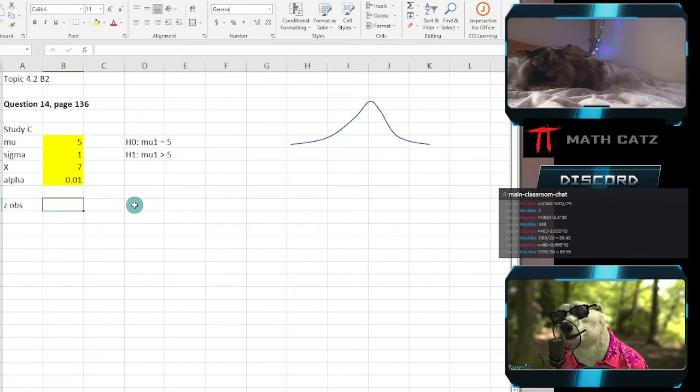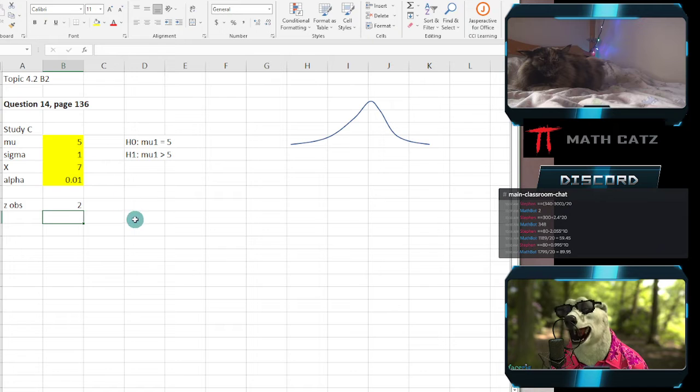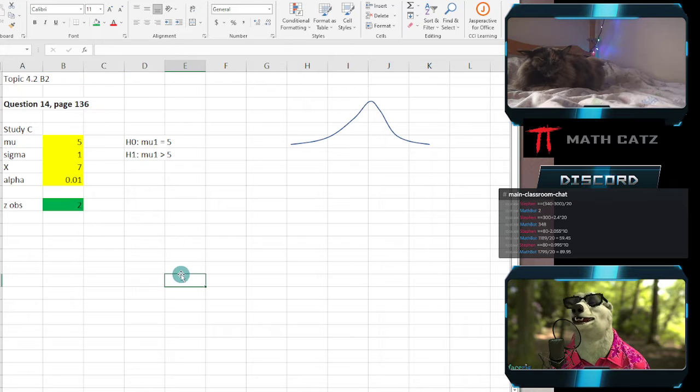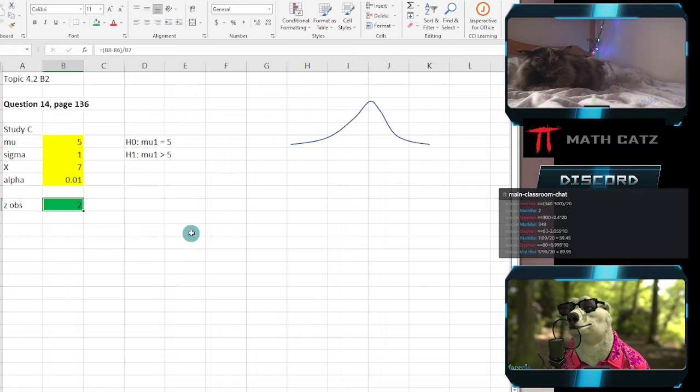So let's do that and say raw score is 7 minus mu divided by sigma. And I get a 2, which is a very nice, convenient number. So I observe a z-score of 2. I'm going to color it green because it is a formula, a calculation, to remind myself it used other cells to get its value.